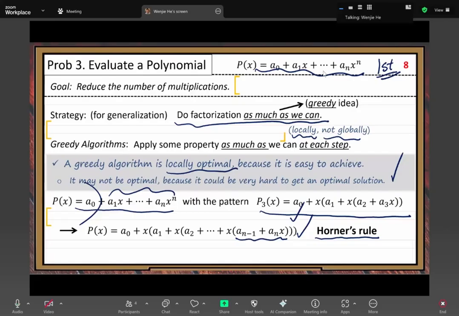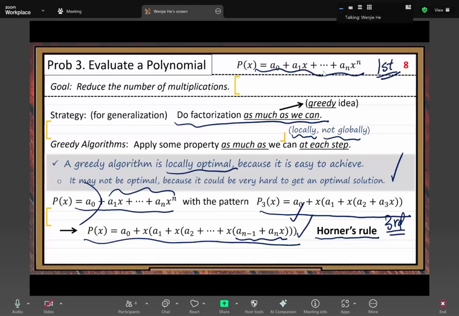Then our second, I need to talk about it later. This Horner's rule is our third method. Use this structure to calculate your polynomial. Next slide, we have another method to calculate.